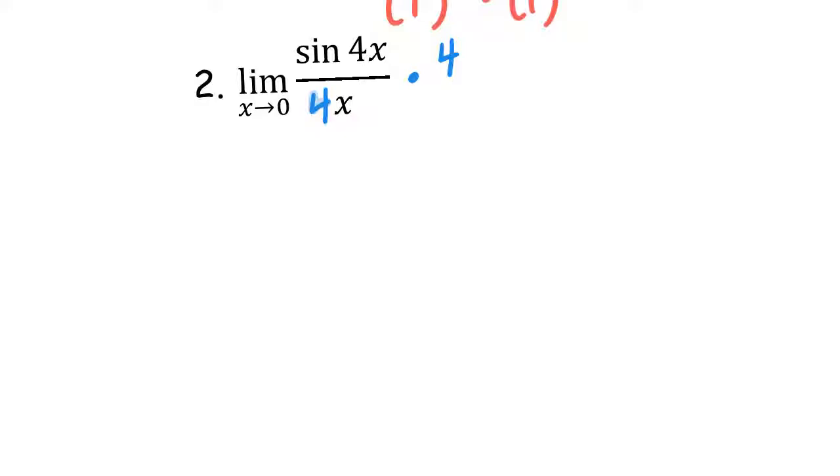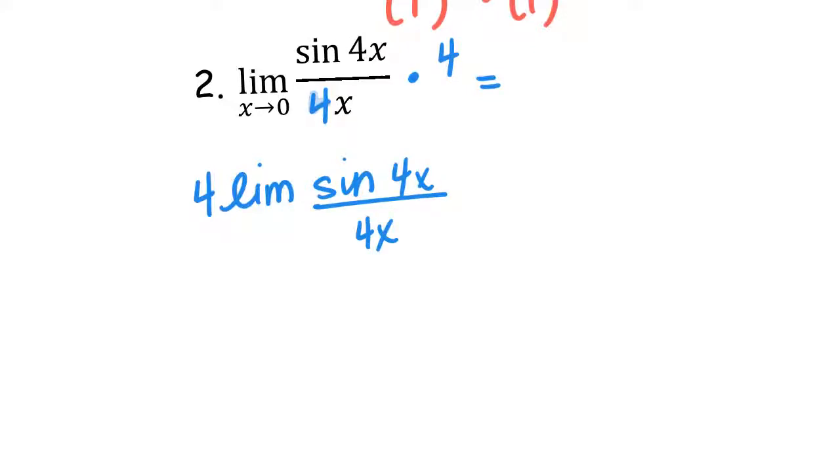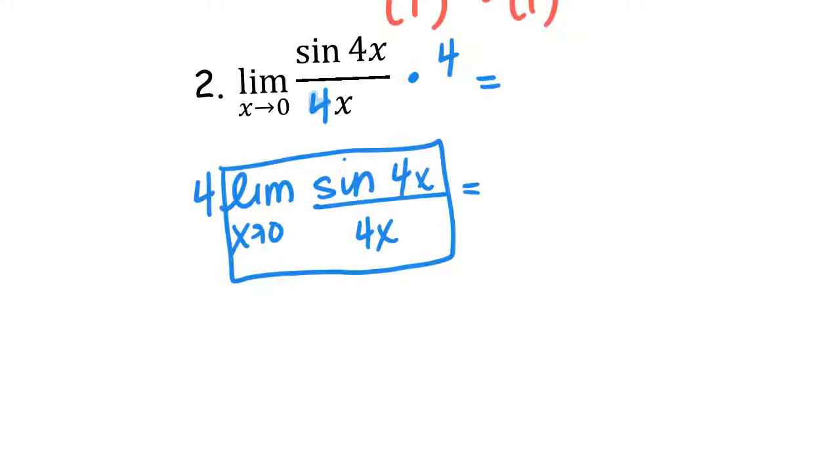So I'm not really changing the problem, because 4 over 4 cancels out. So I have 4 times the limit of sine of 4x over 4x as x approaches 0. And this right here is going to have a limit of 1. So I have 4 times 1, which is equal to 4.